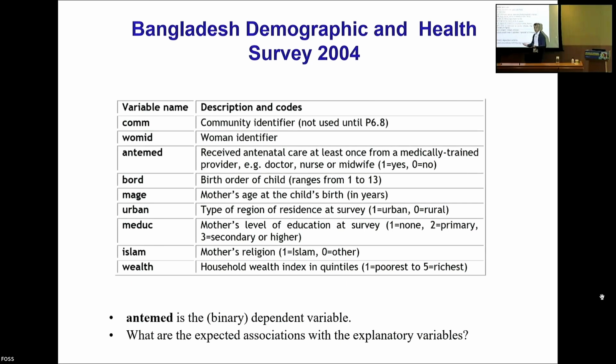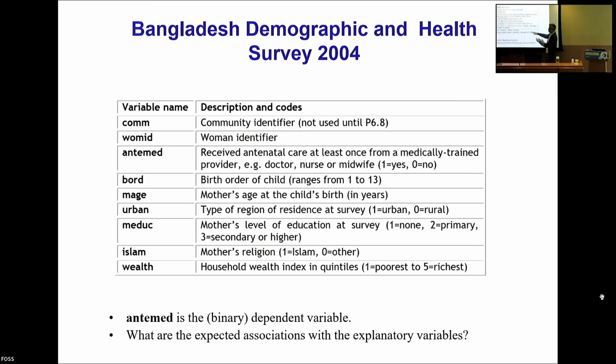The mother's age, of course, could be really important, whether they live in an urban or rural area, the educational level, whether they have no education, primary education, or secondary education or higher, the mother's religion, and how wealthy the household was.